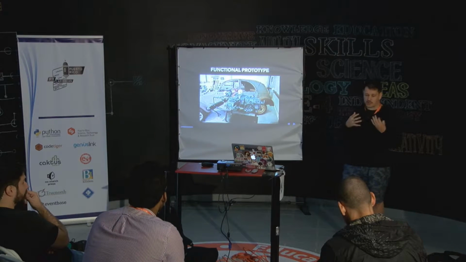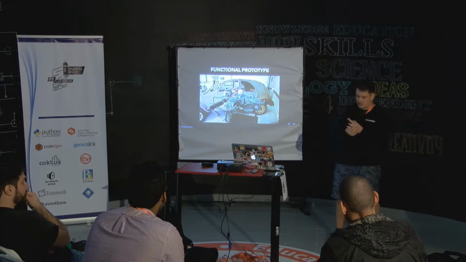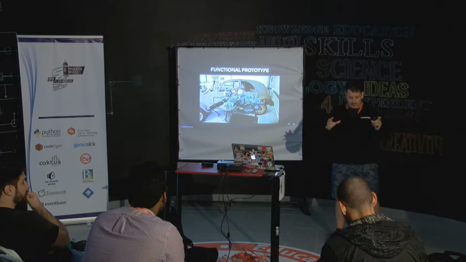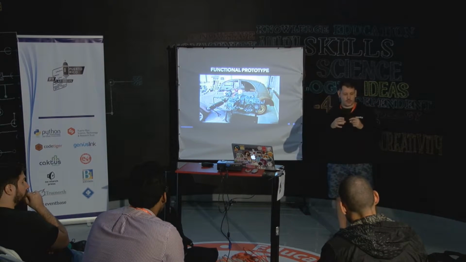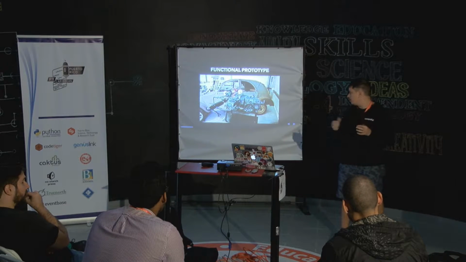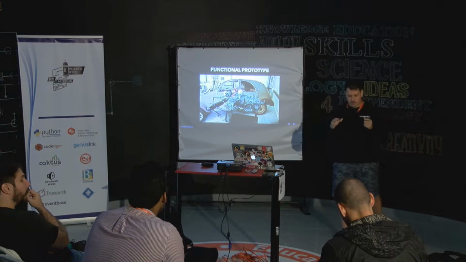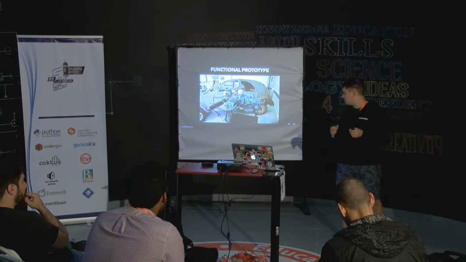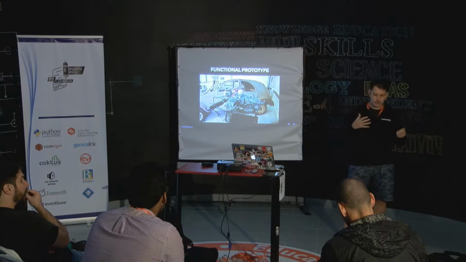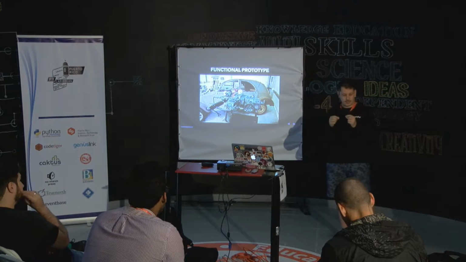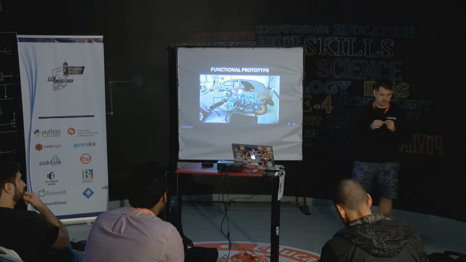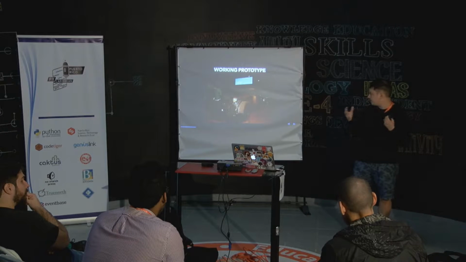Then we have a working prototype. In this case, we take just a tiny bit of what we are actually looking to build. In this case, it's an engine, and we look at how to actually make it work. This is very, very close to what in the end we'll have for that small functional thing. And last, it's a working prototype.